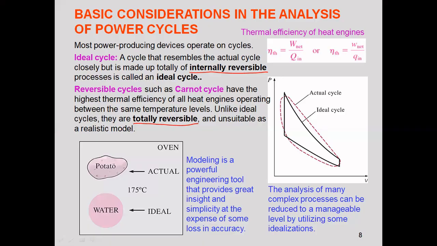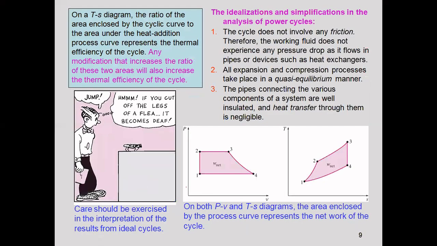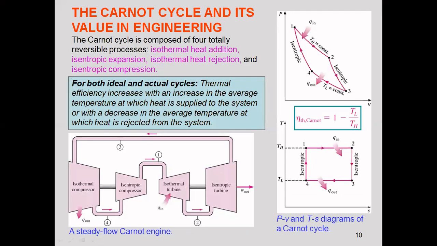So totally reversible means no change in the surroundings as well as in the system. But in the case of internally reversible, there will be reversibility only within the system or control volume, but outside there will be a permanent change. So that was the recapitulation for your understanding.